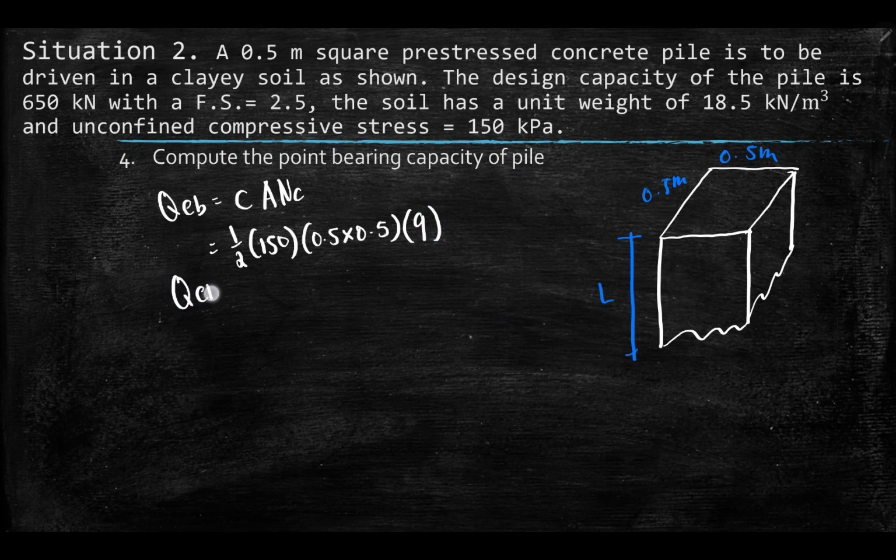Therefore, our point bearing capacity of the pile will be equal to 168.75. Let's check. Our answer is correct. That is the solution for question number 4. So, next.